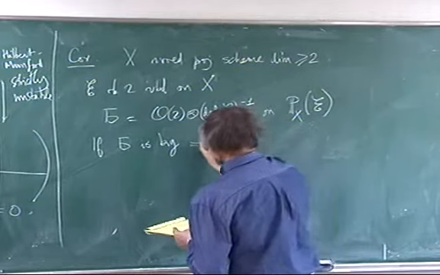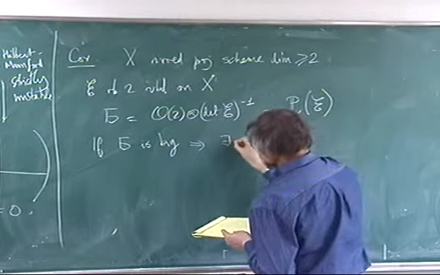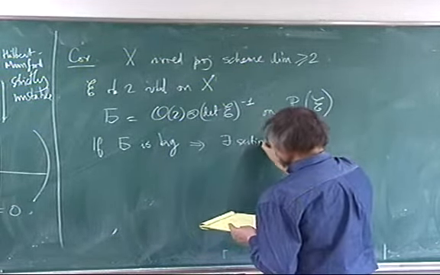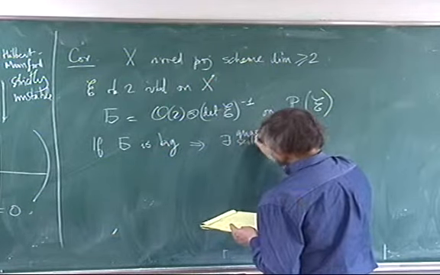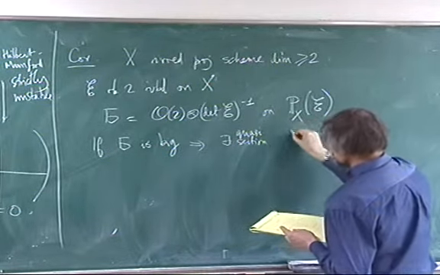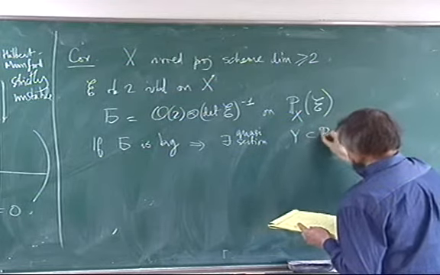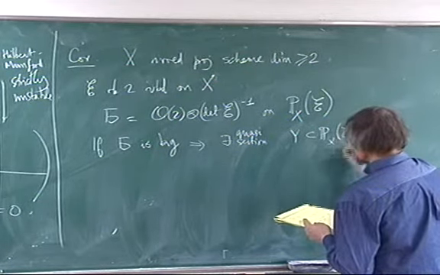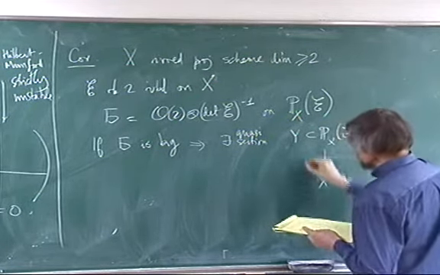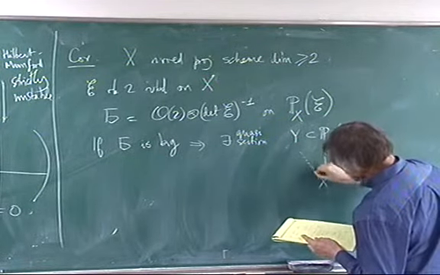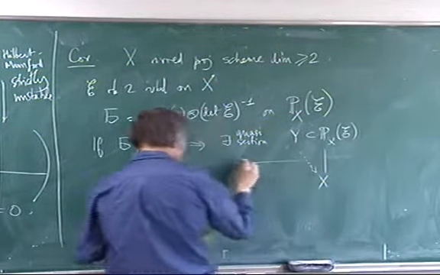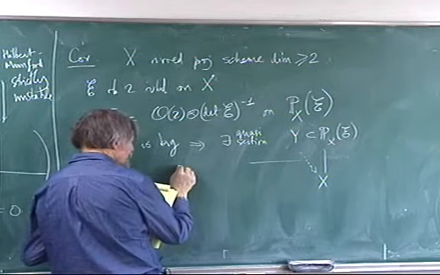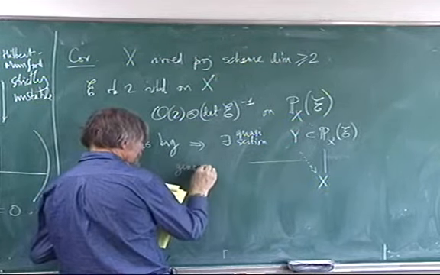then there exists a section, there exists a quasi-section Y inside this P_X(E). So this is all over X. And so this one here is generically bijective.